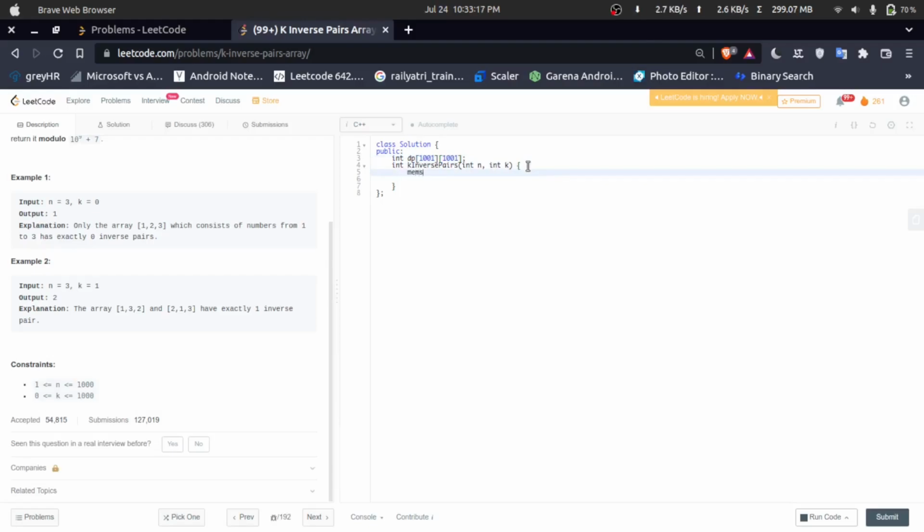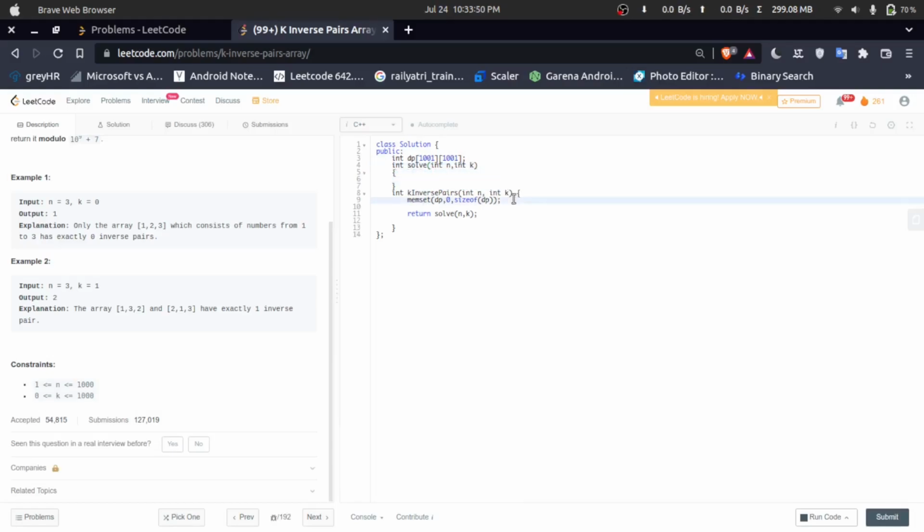First of all, memset dp with 0, and size of dp, and then return solve n comma k. So I'm trying to make the function with integer n and integer k.